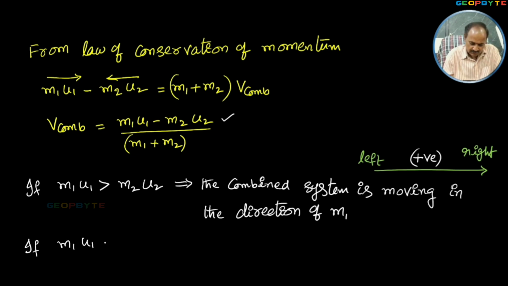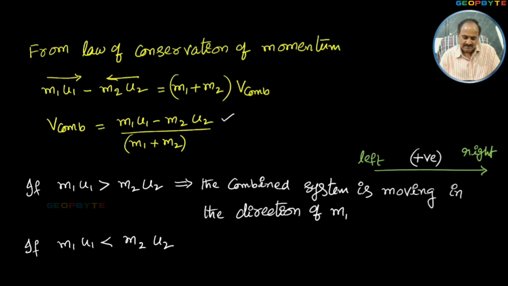Next, if m1 u1 is less than m2 u2, the numerator value is negative, right? For the first case, if m1 u1 is more than m2 u2, the numerator value is positive, then the combined system is moving in the direction of m1.